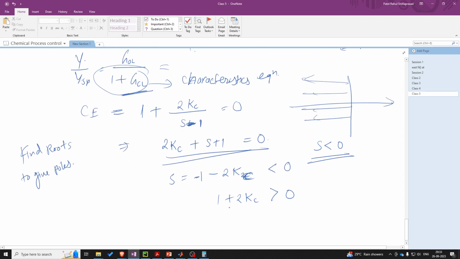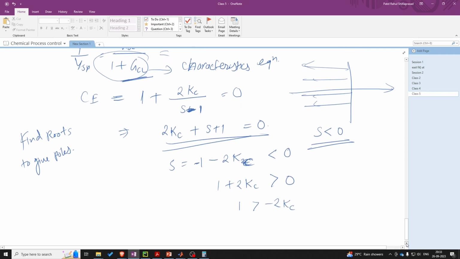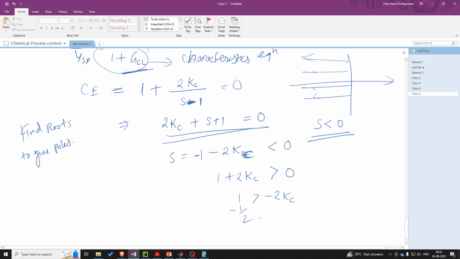That gives us minus 1 by 2 upon Kc. That is, the value of Kc should be greater than 1 upon 2.